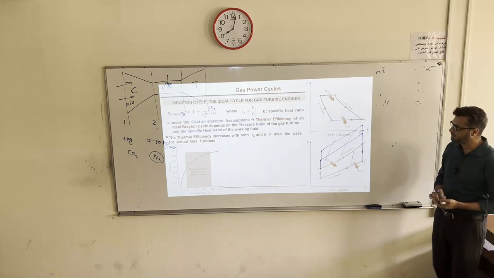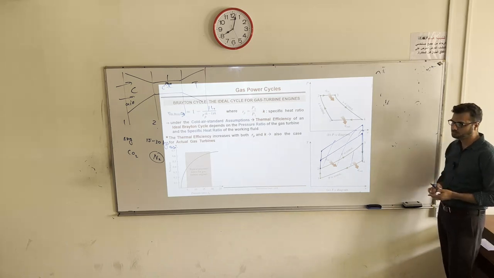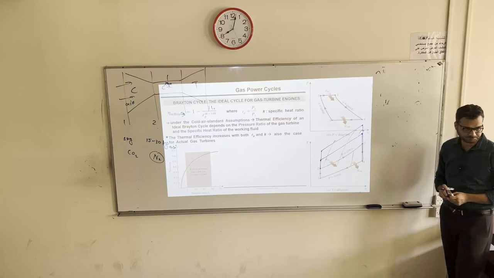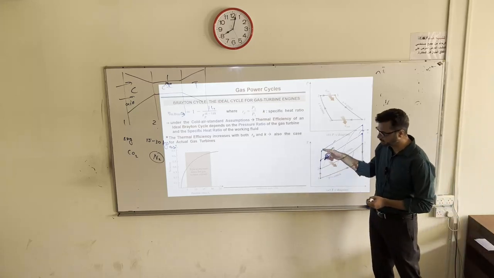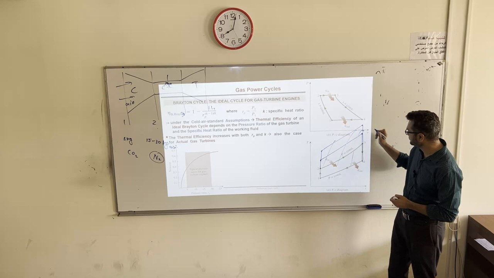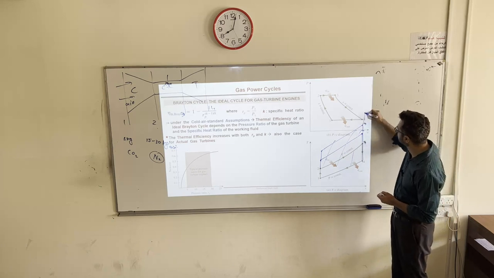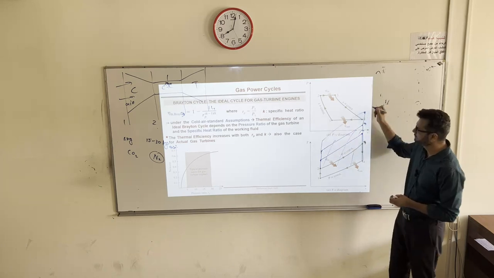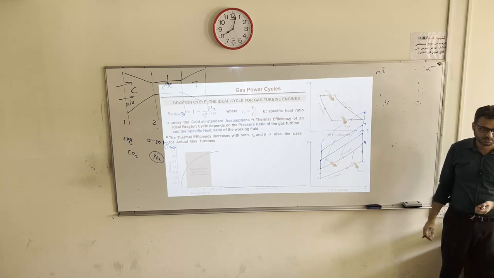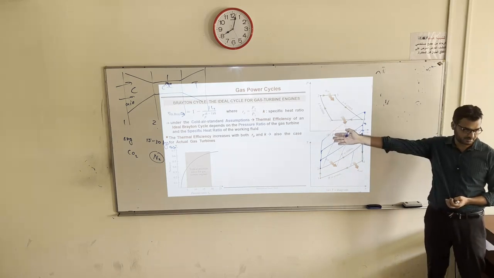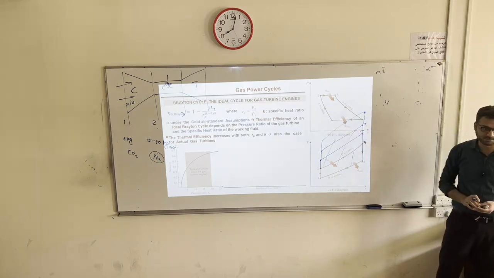But there is one issue. If you keep on increasing this compression ratio, where is point 3 ending up? Can those materials sustain such high temperatures? That is the issue.